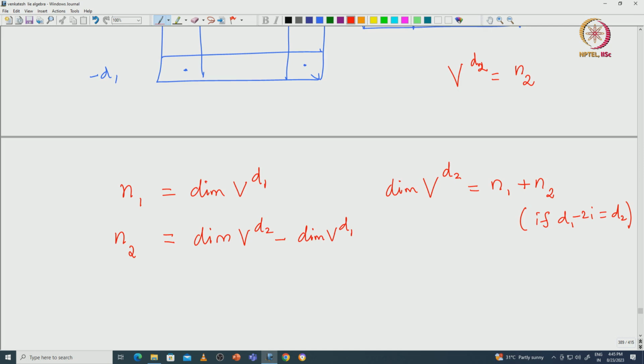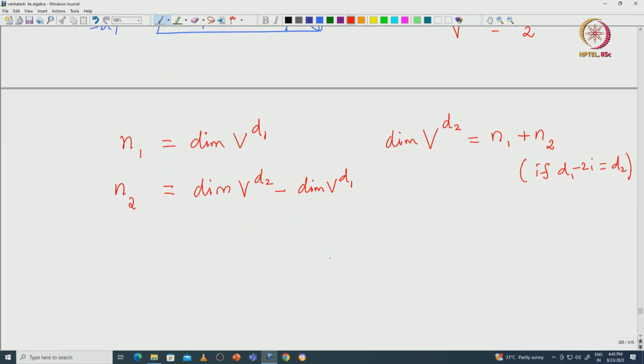Now what happens if they do not match? In case D1 minus 2i is not equal to D2, this is equivalent to saying D1 is not congruent to D2 modulo 2. In this case we will not have any contribution to this V_D2 from these copies of V_D1.